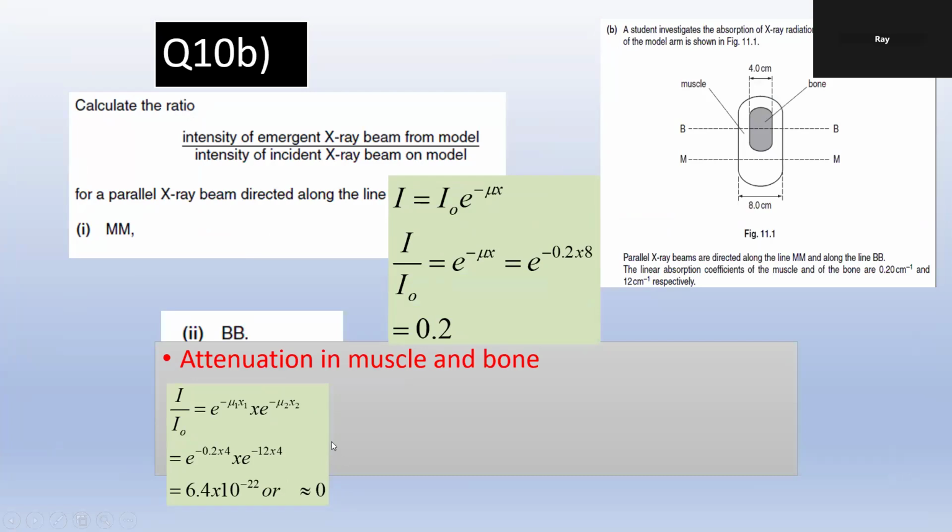There's your bone, complete absorption; there's your tissue, muscle. So you can see clearly the bone and the muscle. Whereas if it's muscle and other soft tissue, the contrast will be poor, because the attenuation coefficient is almost the same.